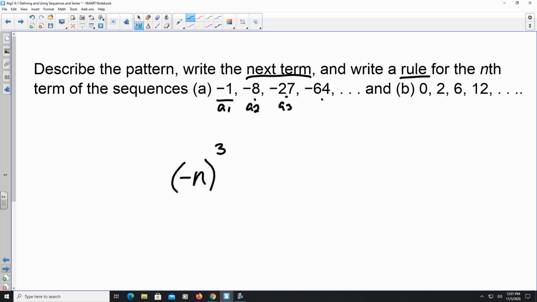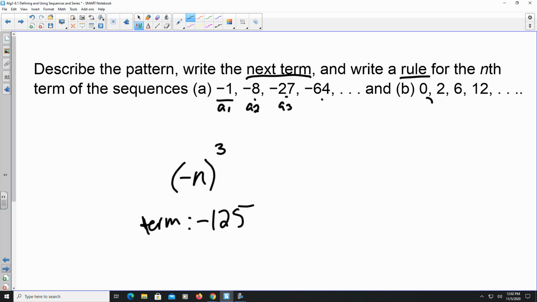So I'm led to believe that the next term is going to be -5 raised to the third power, which is going to be -125.